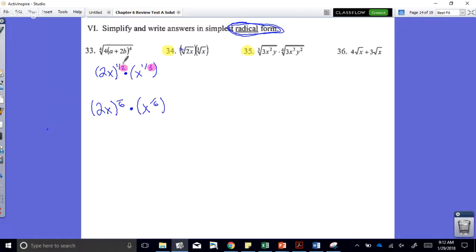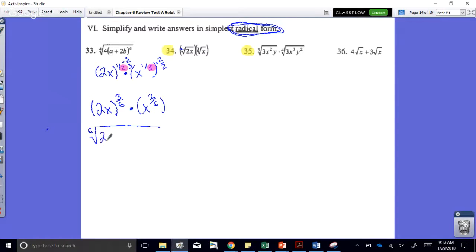To make the 2 become a 6, we're going to multiply top and bottom by 3. So this becomes 3/6. To make the 3 become a 6, we're going to multiply top and bottom by 2, so 2/6. And what's really cool is that we can now write this as the 6th root together.